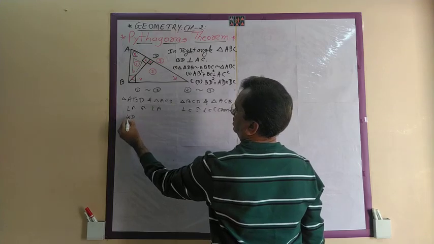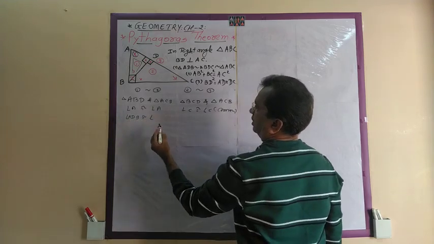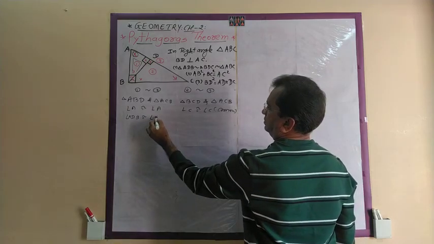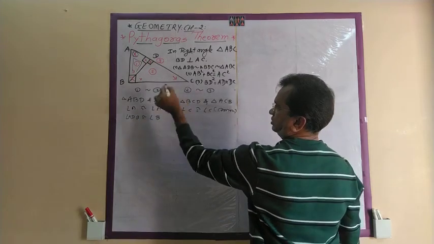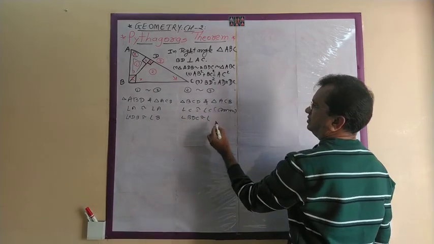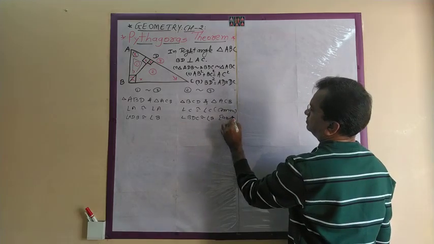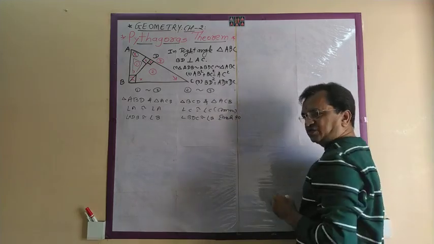You can write angle ADB congruent to angle ACB. In the smaller one, BDC, each 90.